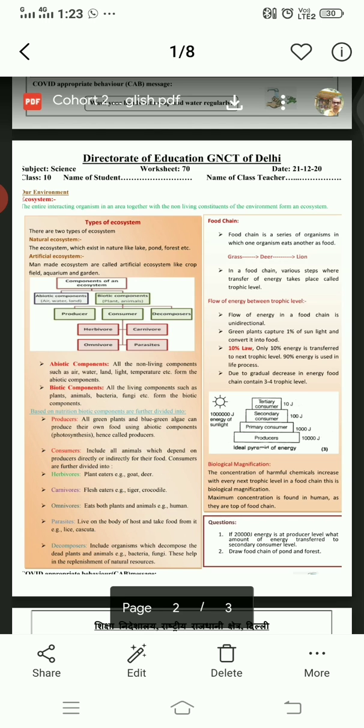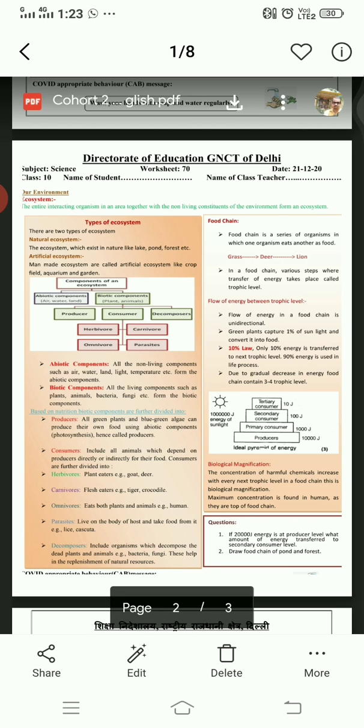So they help in nutrient recycling. Decomposers are microbes like fungus, bacteria, spirochetes, actinomycetes. So this is about ecosystem.